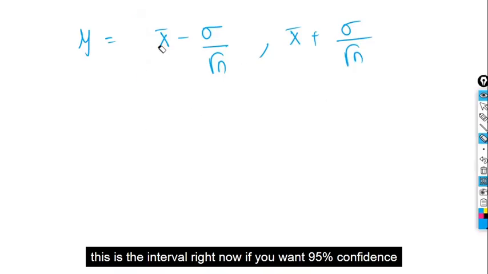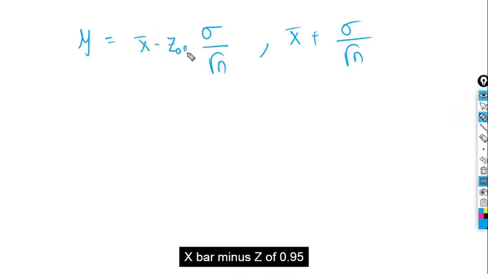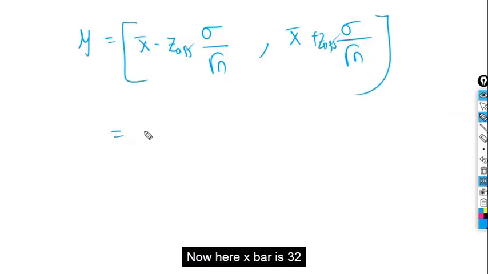Now, if you want 95% confidence, what do you have to do? x bar minus z of 0.95. Here x bar is 32. 32 minus z of 0.95, which is 1.65, into the sample standard deviation.